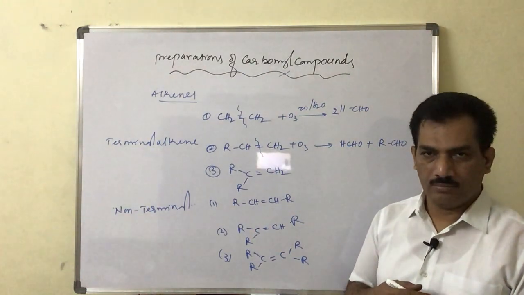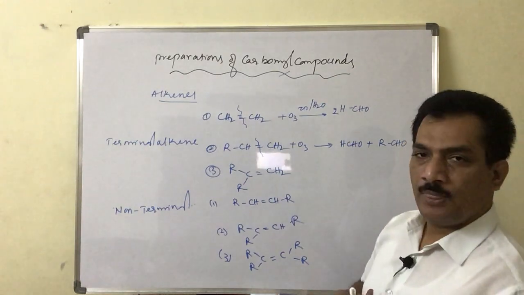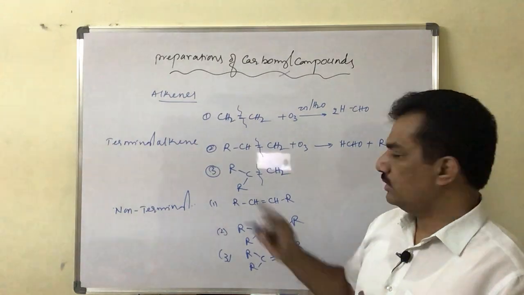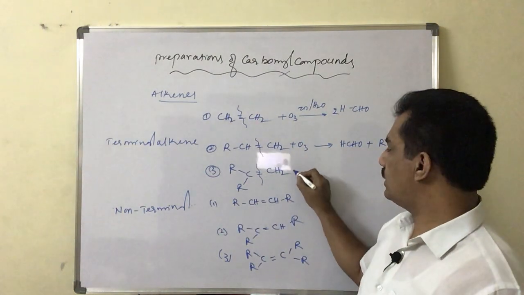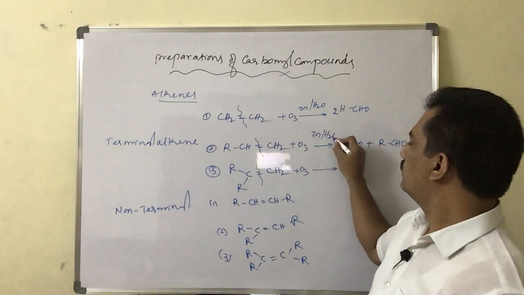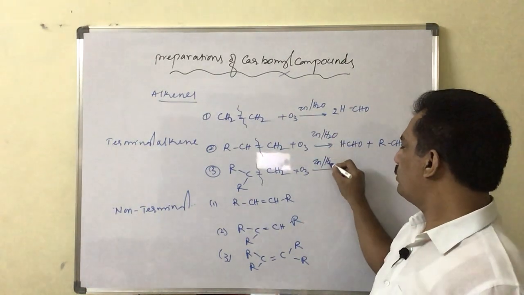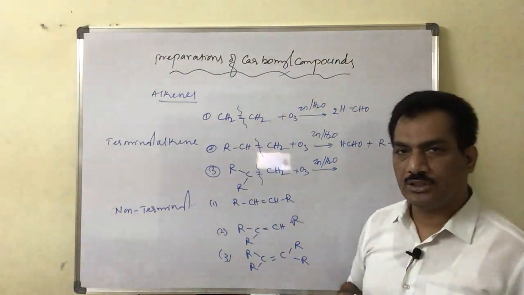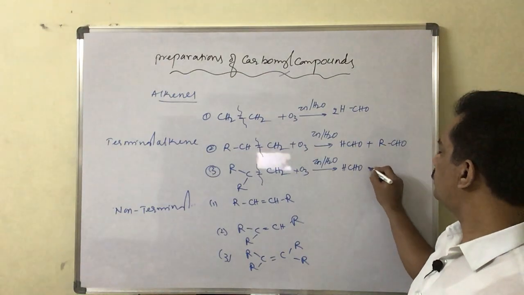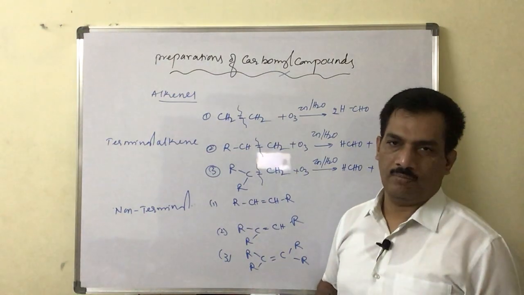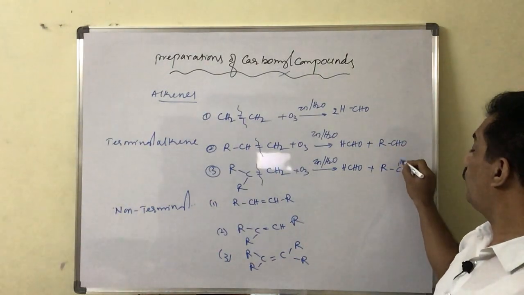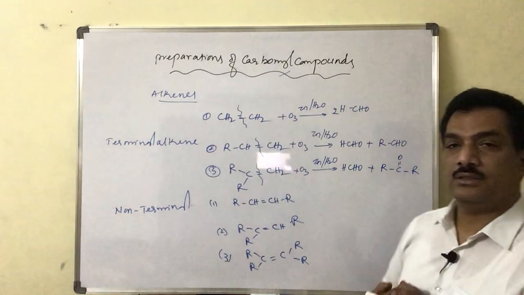I think you got the idea. In case of this type, it is terminal and one carbon has 2 hydrogens, the other one has no hydrogen. In such a case, reductive ozonolysis, that is ozonide formation and subsequent hydrolysis in presence of zinc, leads to formaldehyde because of having 2 hydrogens. The other has no hydrogen, so the product is a ketone, like this.